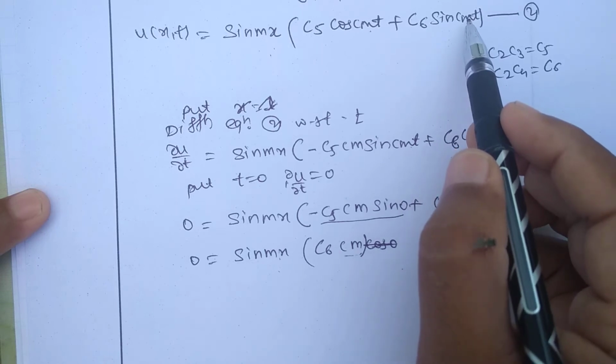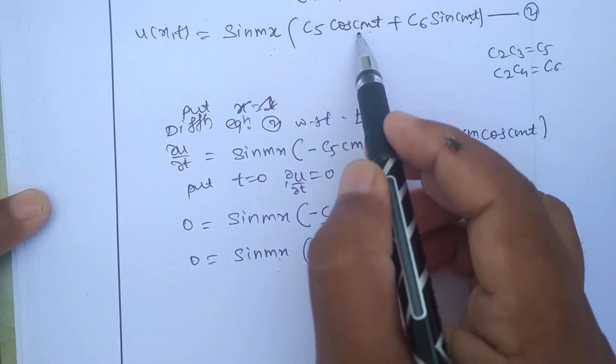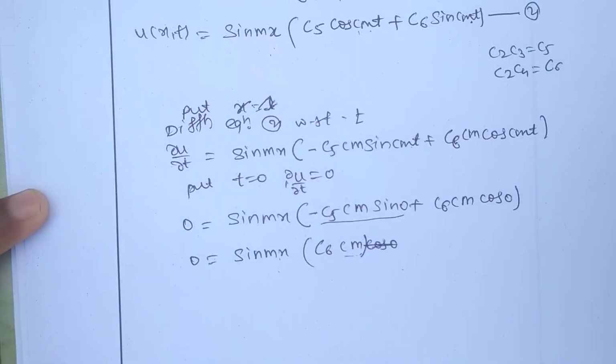We can't take it as 0. C can't be 0 because in the given differential equation ∂²u/∂t² equals c² into ∂²u/∂x², so c can't be 0. If you take c as 0, that is not a wave equation, and we can't also take the value of m as 0. So we have to take the value of c6 as 0.